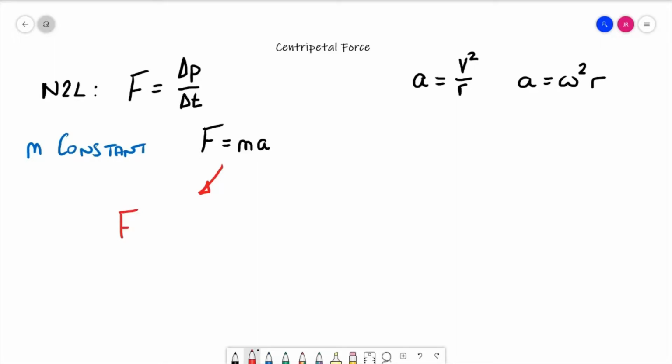We can either say that our centripetal force is m v squared over r, or we can say that our centripetal force is m omega squared r. Just like we said on the last slide, both equations are exactly the same, just slightly different ways of working out the same thing.